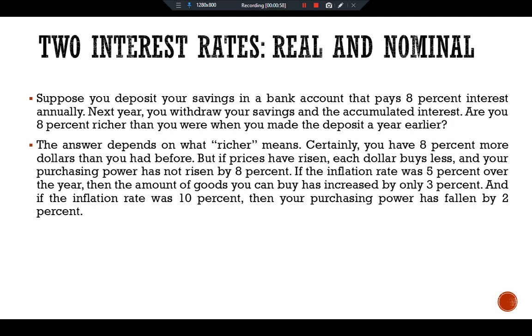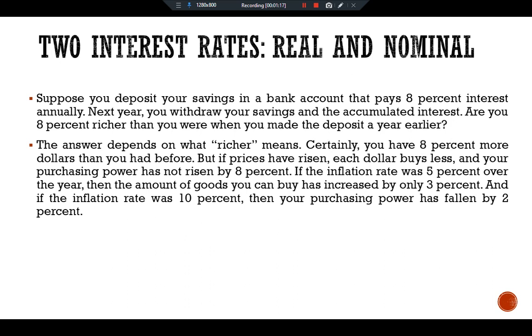The answer depends on what richer means. Certainly you have 8% more dollars than you had before, but if prices have risen, each dollar buys less, and your purchasing power has not risen by 8%.